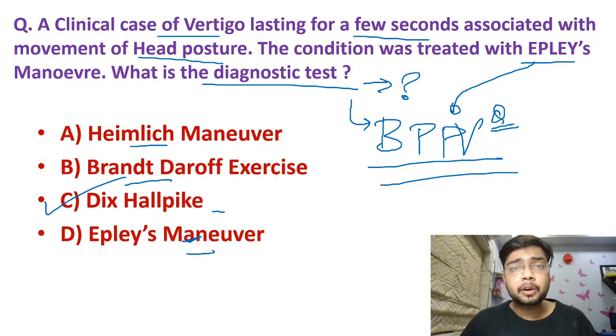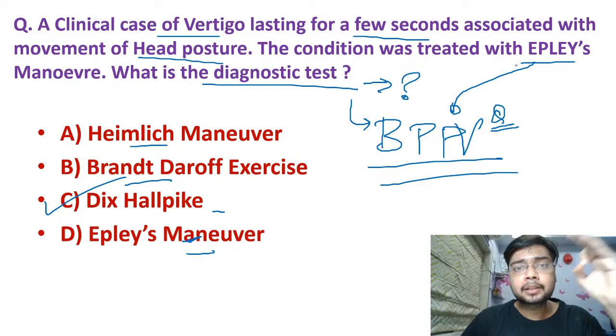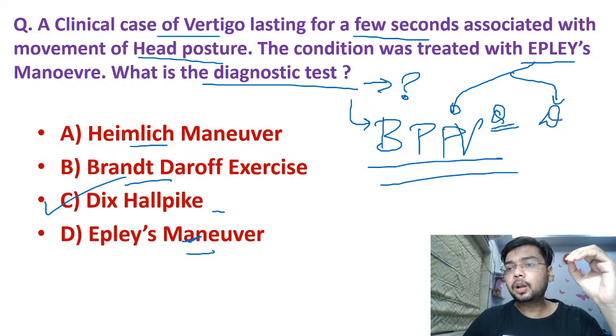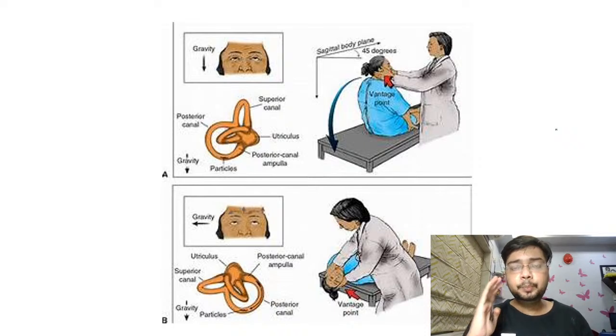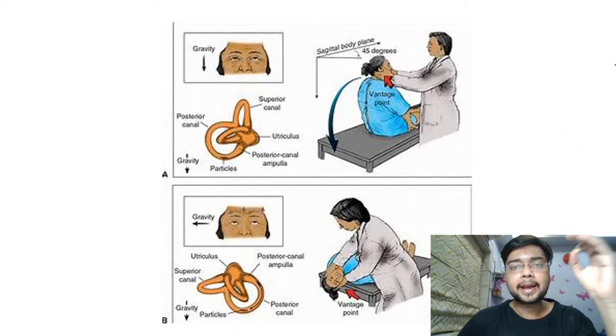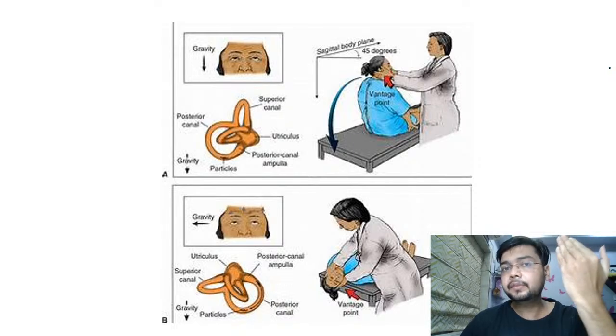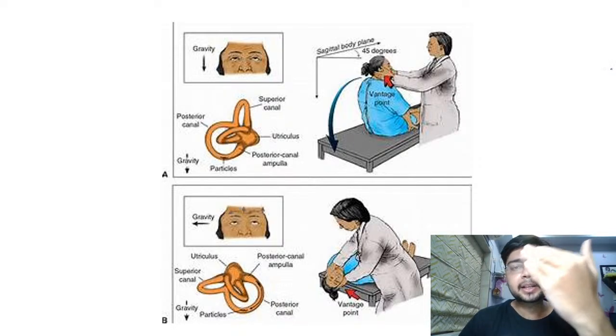So the most common form, that is posterior canal BPPV, the treatment maneuver is Epley, and the diagnostic maneuver is Dix-Hallpike. Now you should know how both of them look and how we perform them. In the picture here, the doctor has rotated the patient's head 45 degrees towards himself.